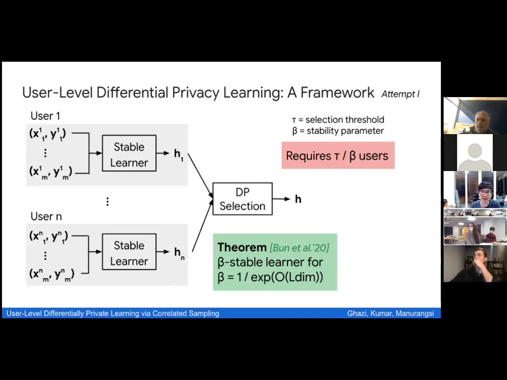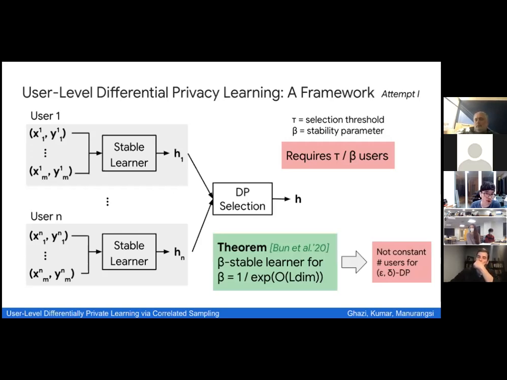So it is 1 over exponential in the Littlestone dimension. Since the number of users we require grows with 1 over beta, this means that the number of users we require will grow exponentially in the Littlestone dimension.